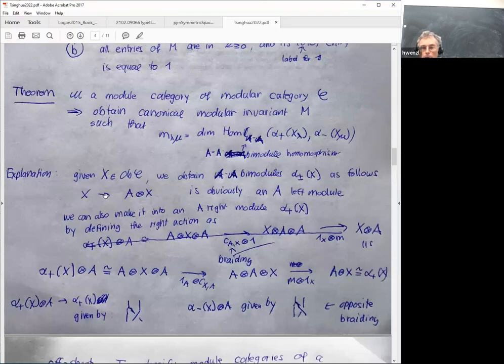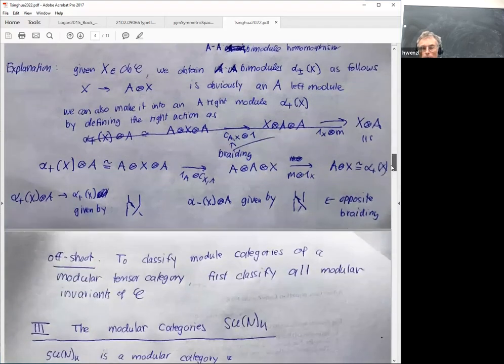So what we do first, we tensor this with A. So this makes it obviously into an A left module, where the left action is just given via the multiplication morphism for A. We can also make it into an A right module, alpha plus X, essentially by using the braiding, which moves the A to the other side.